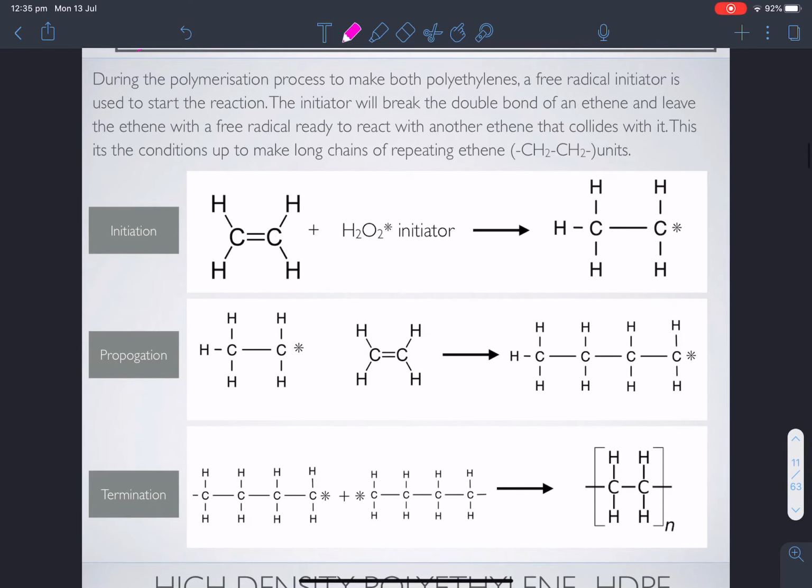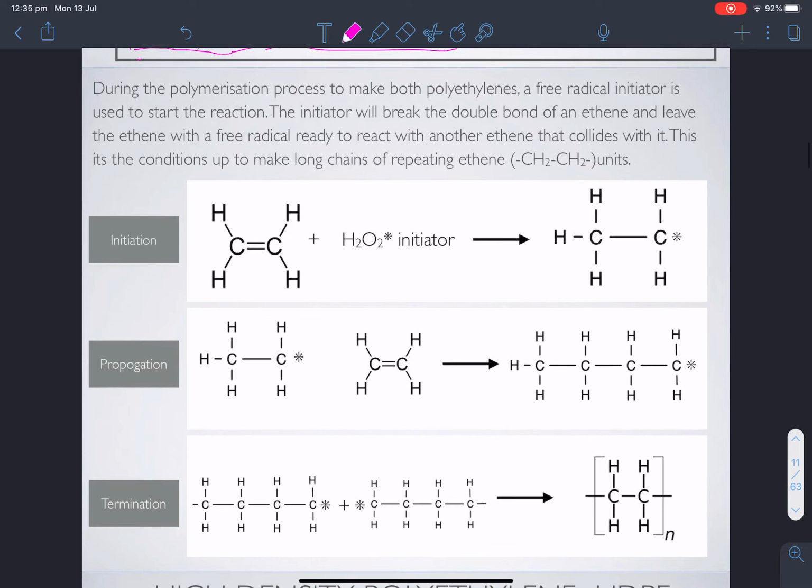Okay, we need to go into a bit more depth on the polymerization reaction of polyethylene. So, during the polymerization process, to make both types of polyethylene, low density and high density, a free radical initiator is used. Remember what a free radical is? It's something that has an unpaired, unbonded electron.